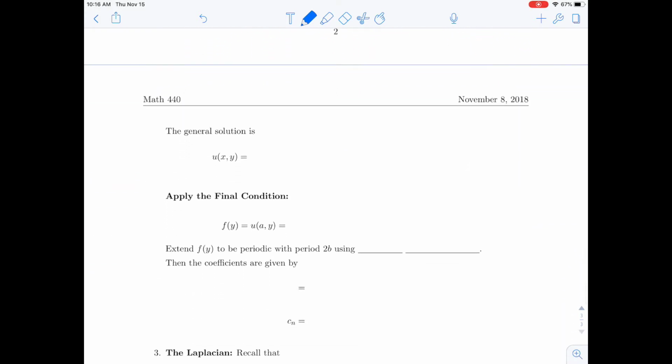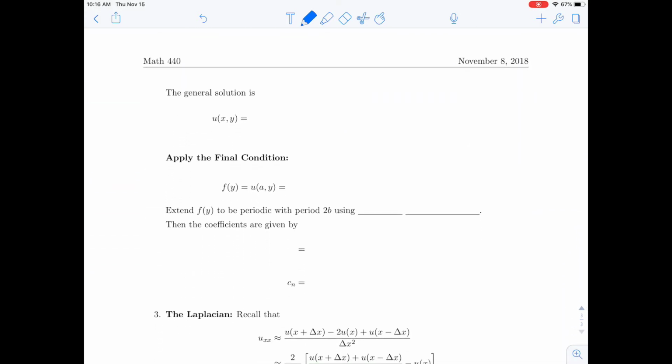That means that the general solution to this equation is going to be a linear combination of c sub n, x sub n of x, y sub n of y.